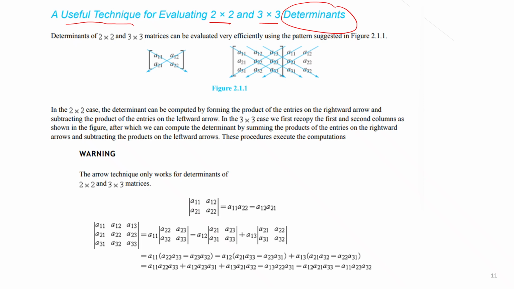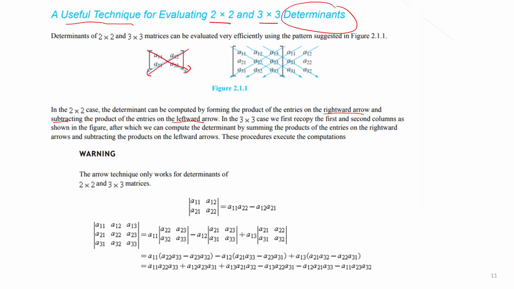For example, for a 2 by 2 matrix, the first thing you need to do is draw lines. First one goes straight down like this. The other one goes from top right to the bottom left. You form a product of the entries along the rightward arrow and then subtract the product of the entries along the leftward arrow.